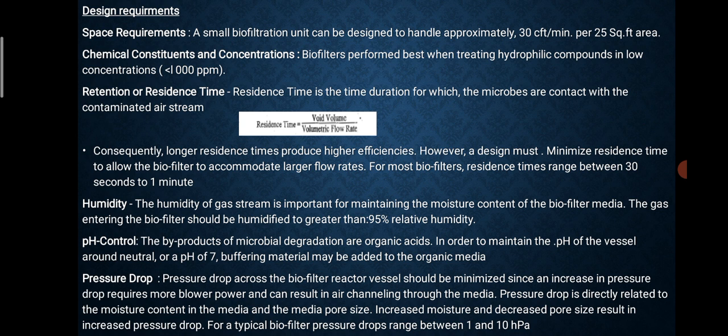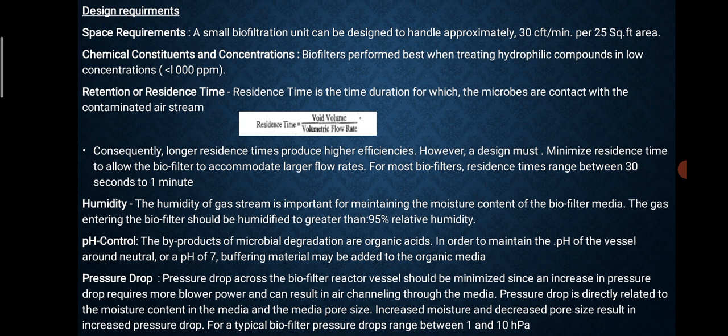Then retention or residence time. Residence time is the time duration for which the microbes are in contact with the contaminated airstream. Residence time is equal to void volume divided by volumetric flow rate.